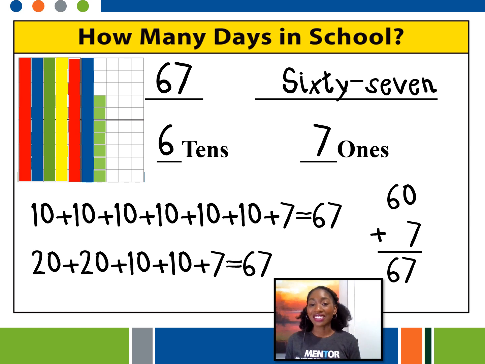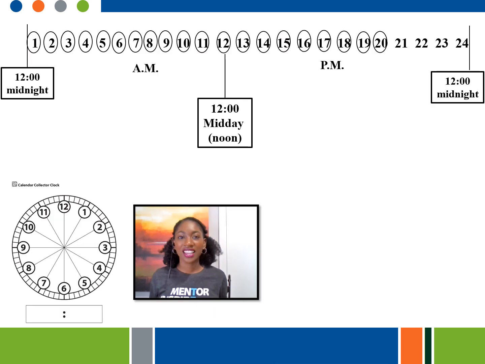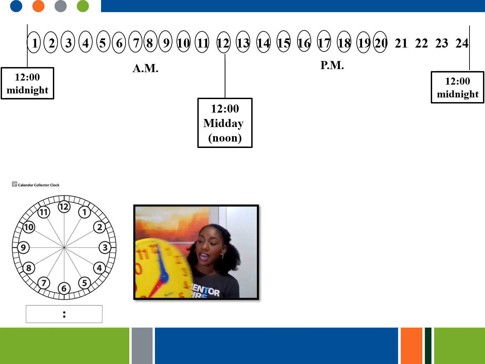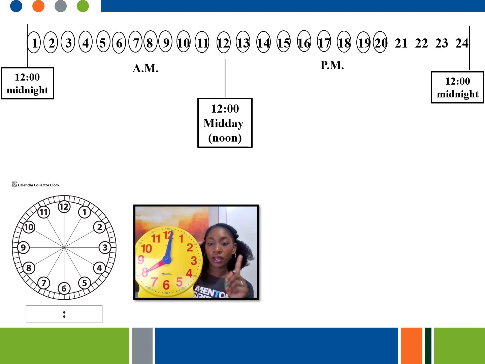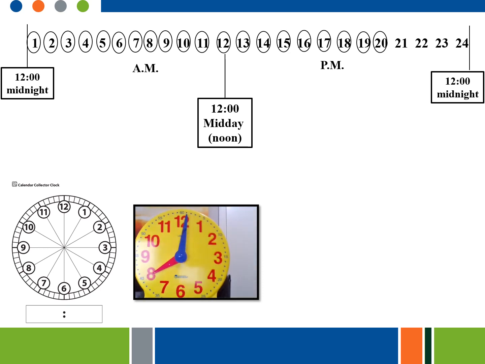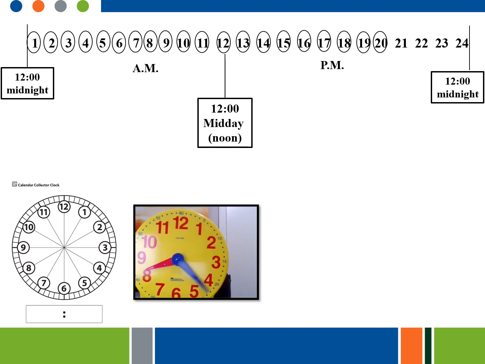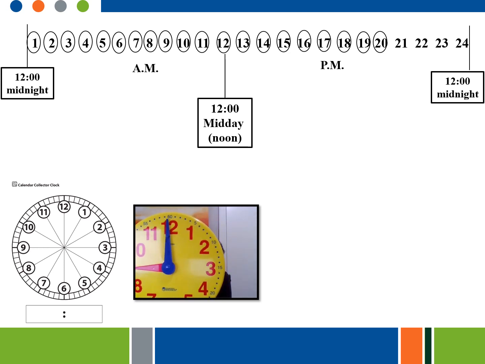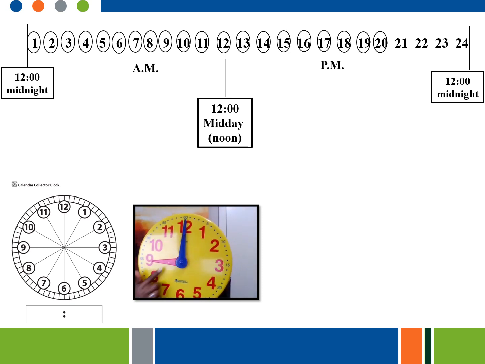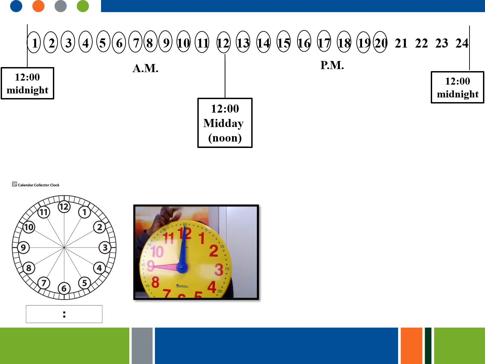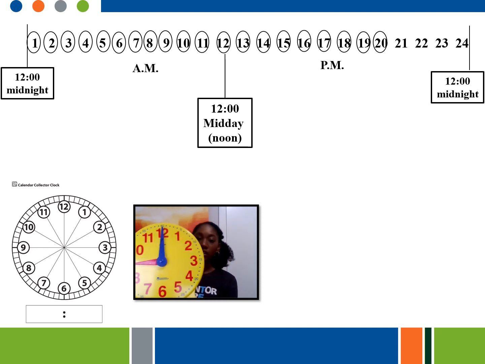Now let's go ahead and look at our clock. Okay, first graders, so yesterday we saw the time 8 o'clock. And now we're going to go ahead and collect one more hour. We see that the time is now 9. The hour hand is pointing to the 9, and the minute hand is pointing to the 12.